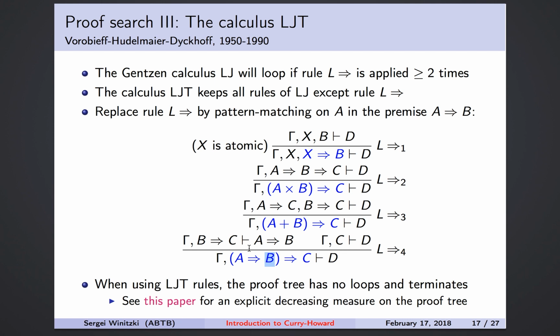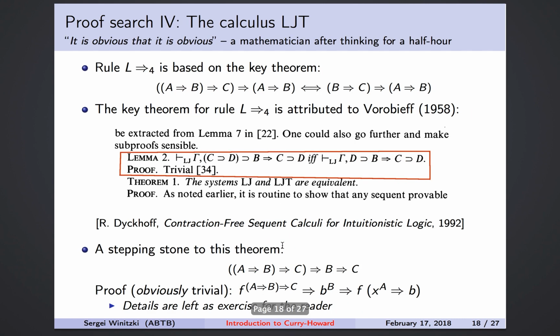So this transformation is highly non-trivial and unexpected, and its validity is based on this theorem that this, in intuitionistic logic, is equivalent to this. Equivalent means each follows from the other. So from this follows that, and from that follows this.